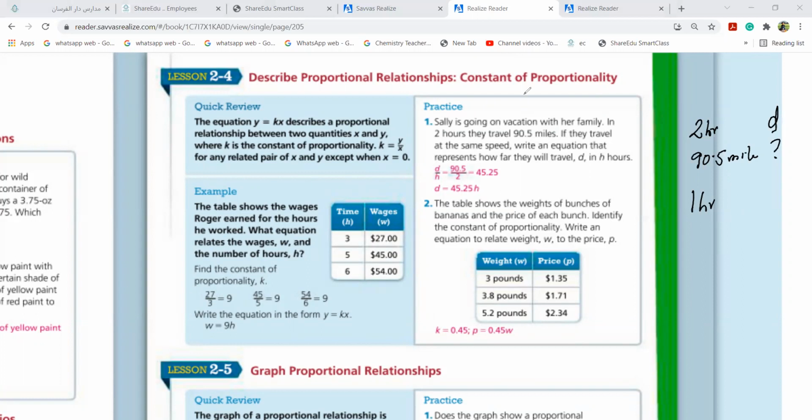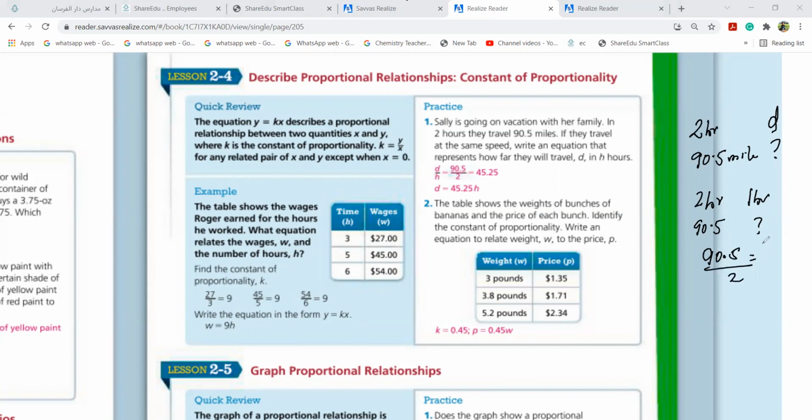See girls, what did I always tell you? To find the unit one. 2 hours is 90.5. So 1 hour is how much? How much, Malak? 2 hours, 90.5. So 1 hour is how much? So we divide. Yes, 90.5 divided by 2.